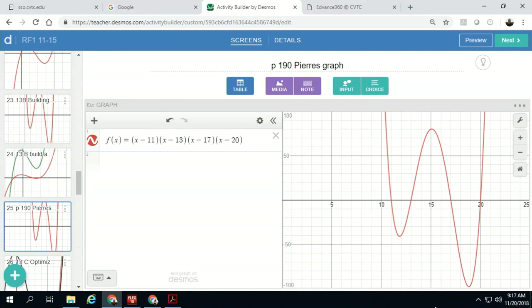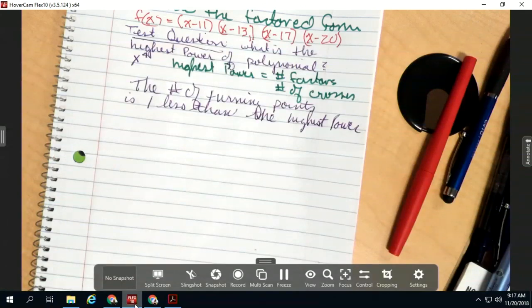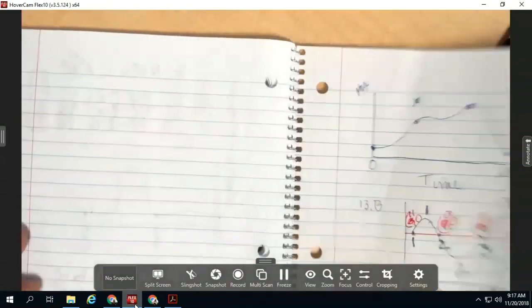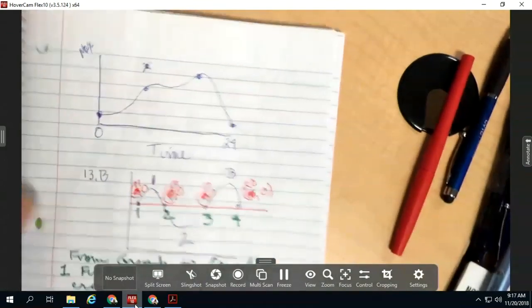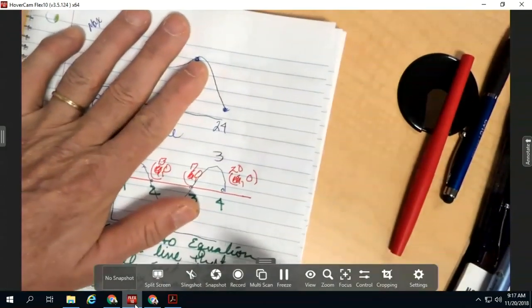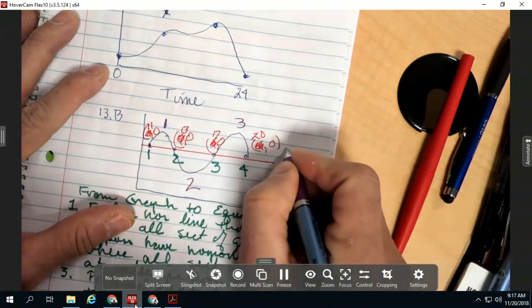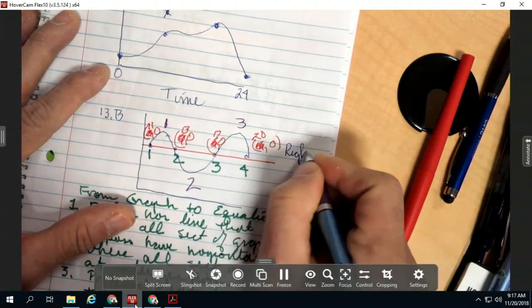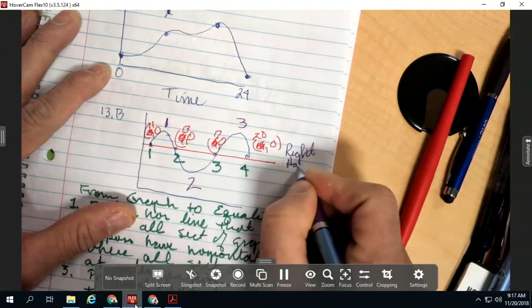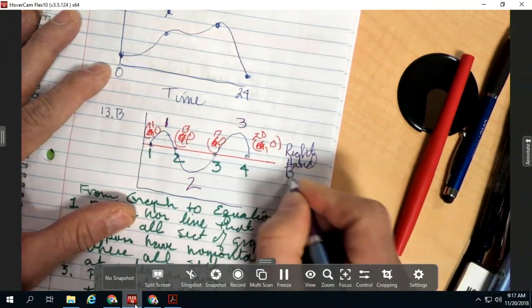Now, they do it differently than the way I teach it. In your notes, let's look at this graph. And we're going to talk about the right hand behavior.